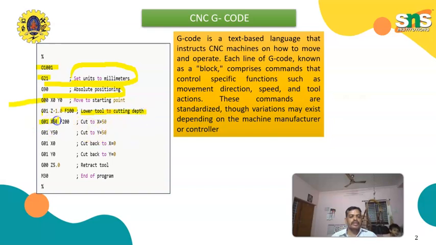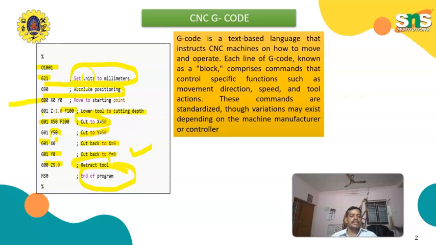G01 X50 F20: the tool moves along the X-axis up to 50 millimeters. Y50, cut to Y50, then G01 X0, cut back to X0. G01 Y0, cut back to Y0. G01 and this retracts the tool. This is the end of the program.